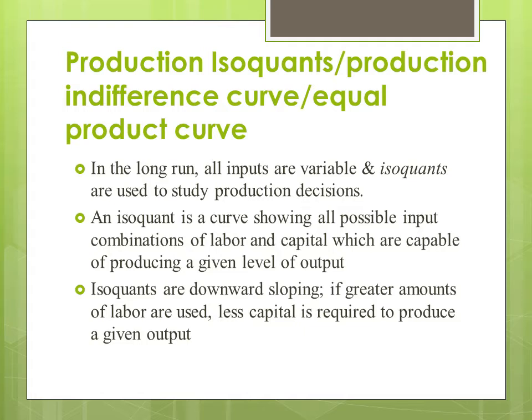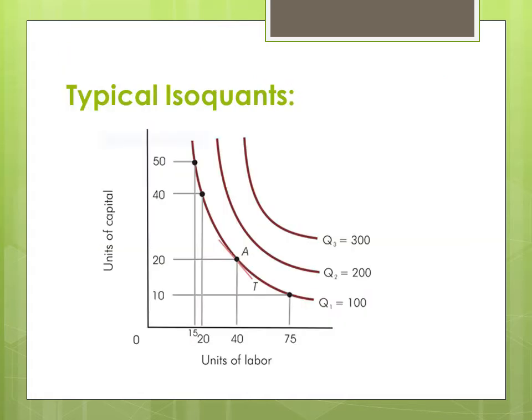In order to explain it, look at this diagram. These are typical isoquants, and you can see that on the x-axis are units of labor and on the y-axis are units of capital. At point A, to get 20 units of labor, the producer is leaving 20 units of capital.